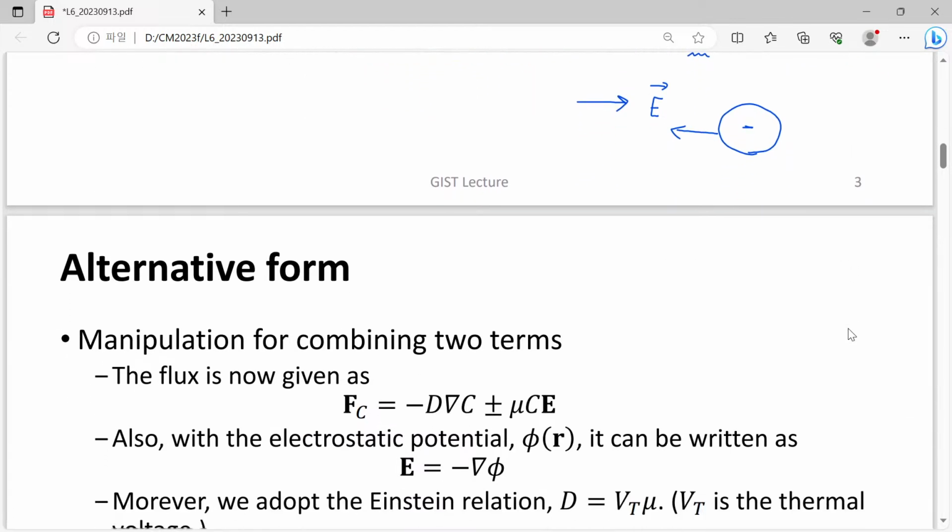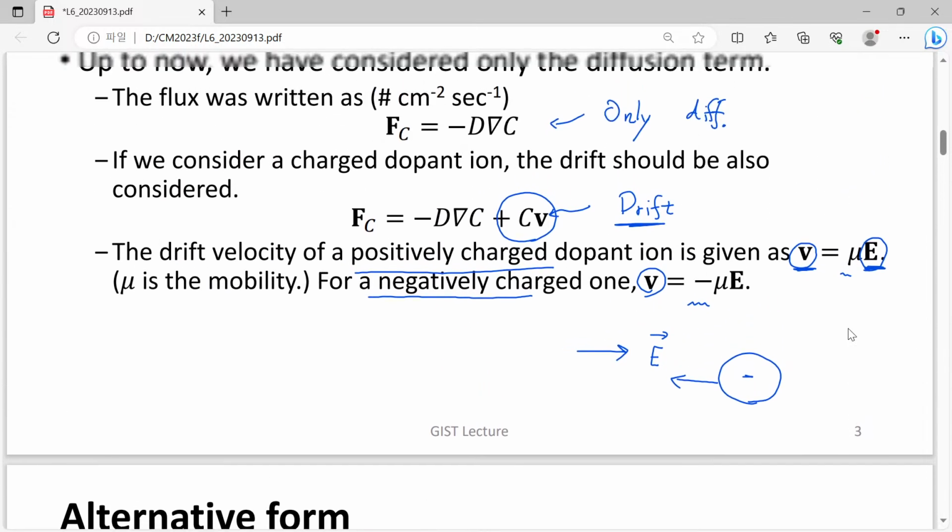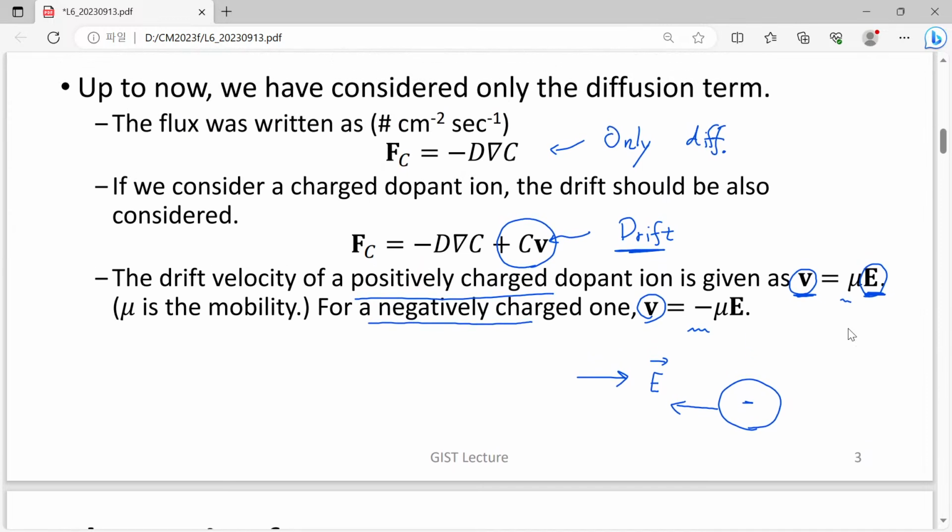Okay, so this is the original form we will use.